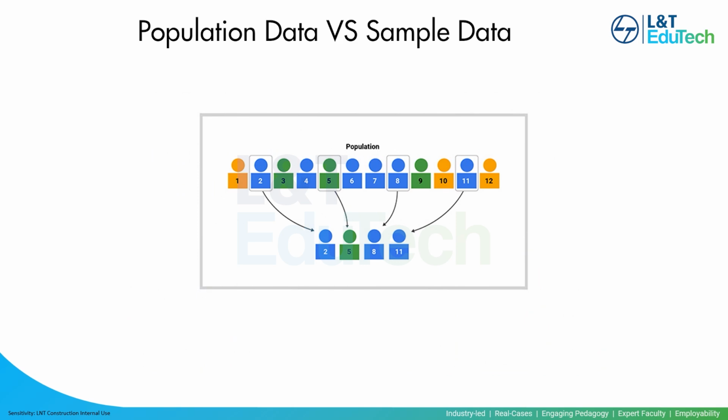Even though it is a subset of the population, the sample data still reflects the overall characteristics of the population. By analyzing this sample, we can get meaningful insights about the entire population because it follows the same pattern, same distribution, without studying everyone, right? So here we can reduce our time, energy, money, and whatever resources we need to collect data.